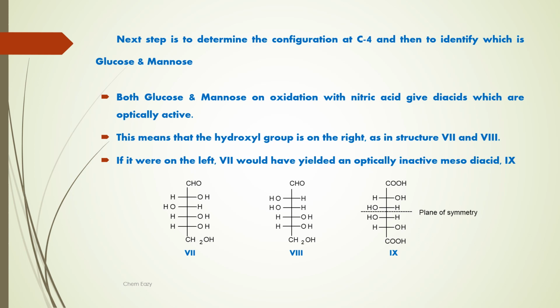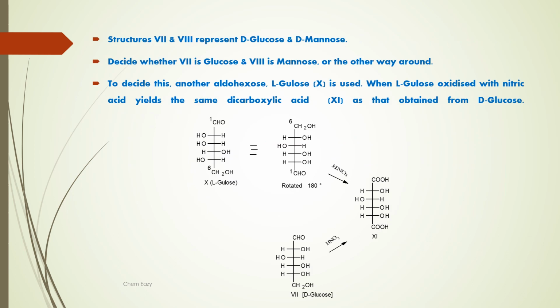Suppose the hydroxyl group is on the left side as given in structure 9, it can produce an optically inactive meso-dicarboxylic acid due to the presence of a plane of symmetry in its structure. Now, structures 7 and 8 represent D-glucose and D-mannose.